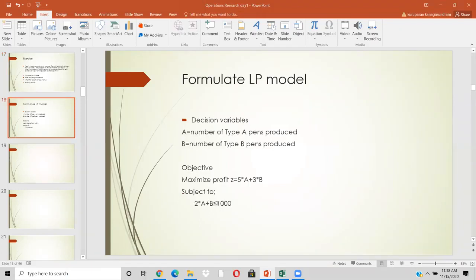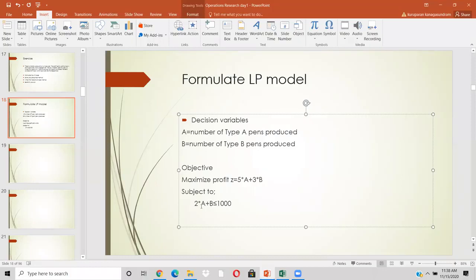So if I can produce one type A pen, we can produce 2 units of type B. One unit used in type A is equivalent to 2 units of type B. That's why I put 2 here. If I am producing 1 type B pen, how many units will be used in type B? That's 1.